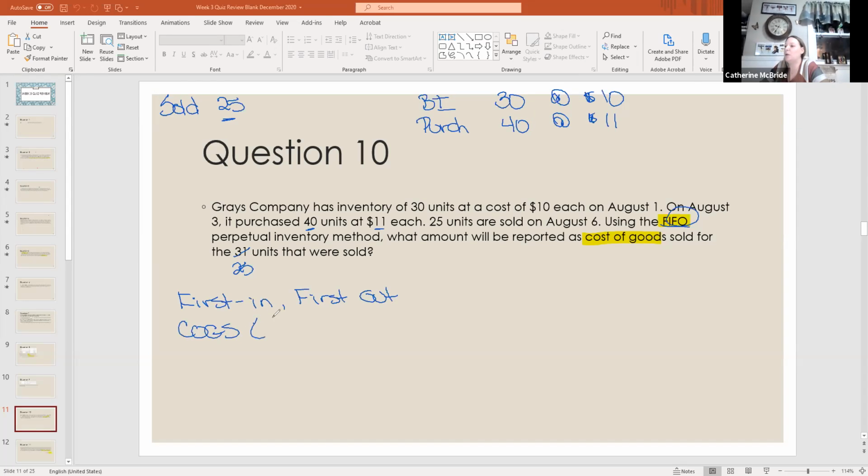So I'm going to go top down for cost of goods sold. So I need 25. So I'm going to take 25 from the top row. And that's all I need. So I can do 25 at $10 is 250.